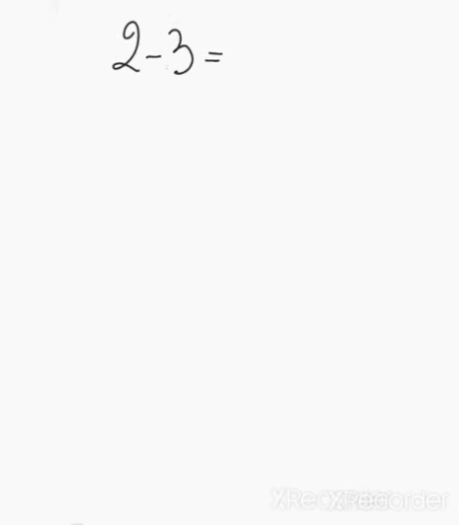The largest absolute value is 3, preceded by a negative, and the difference is 1. If I have negative 7 minus 2, it's the sum of two numbers with the same sign. I keep it and add the absolute values to get negative 9.